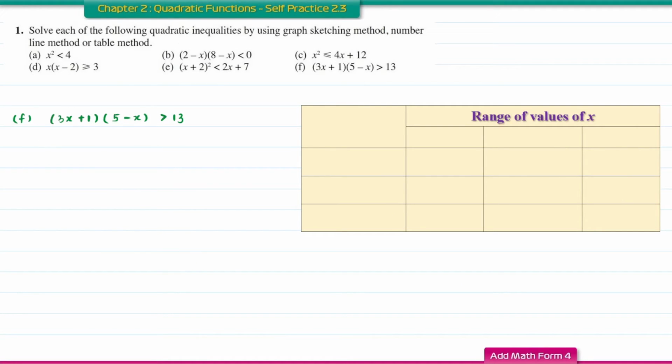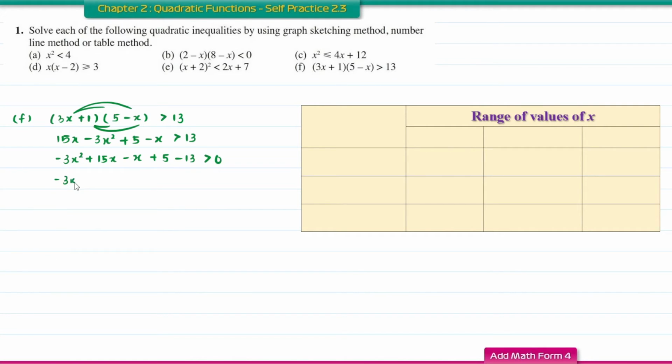Question F. For this part, I'm going to do the expansions. So you're going to get 15x - 3x squared + 5 - x greater than 13. We're going to rearrange this and move this 13 to the left hand side: negative 3x squared + 15x - x + 5 - 13 greater than 0.